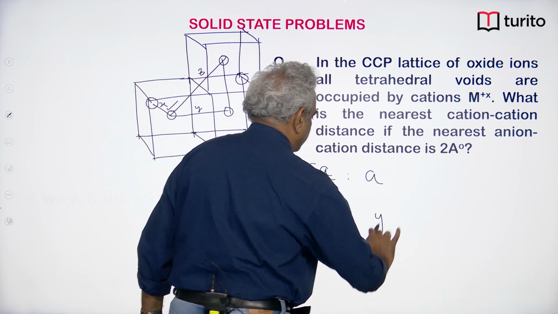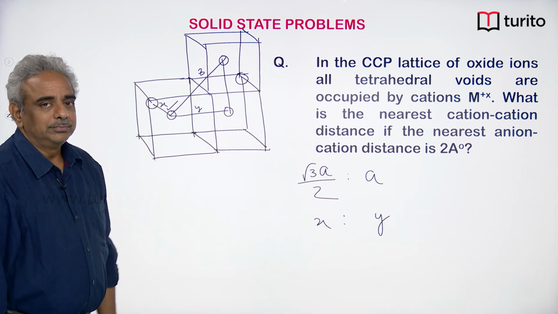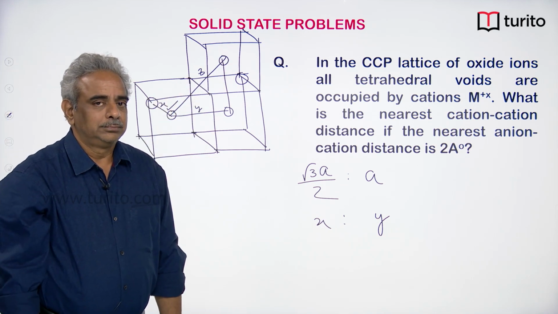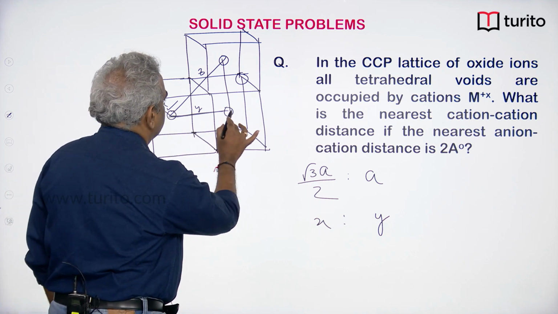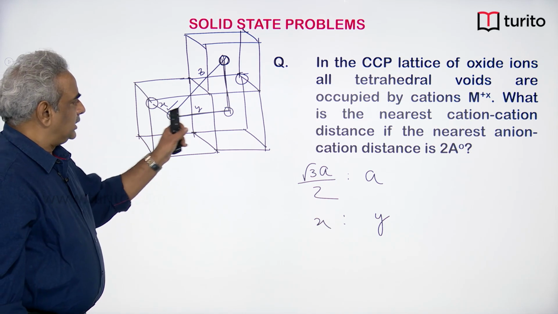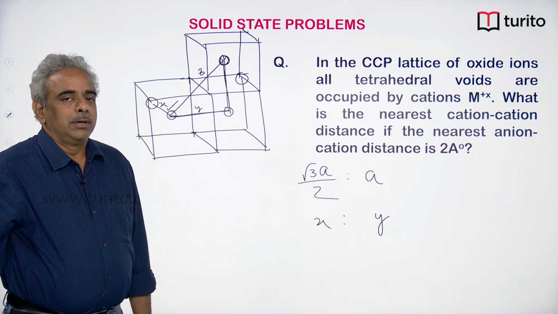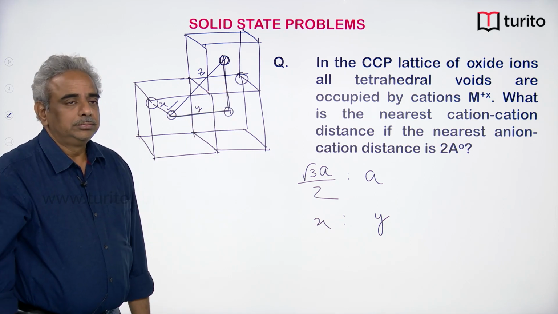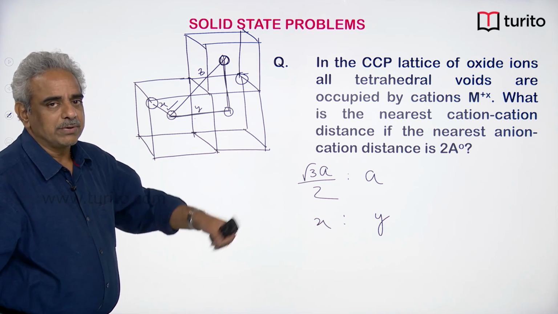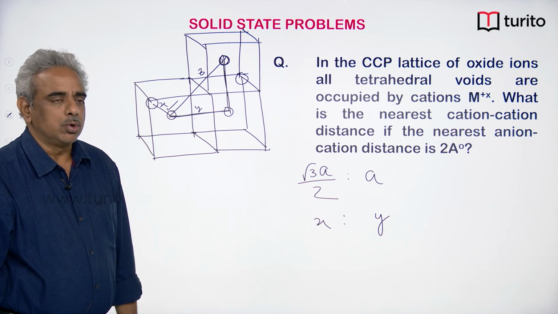A, that is y. What is the next nearest? You have to travel through the edge. And here this is one body center, this is another body center. So, this is A, this is A, and what will be the hypotenuse? A square plus A square under root, 2A square root, means root 2a.